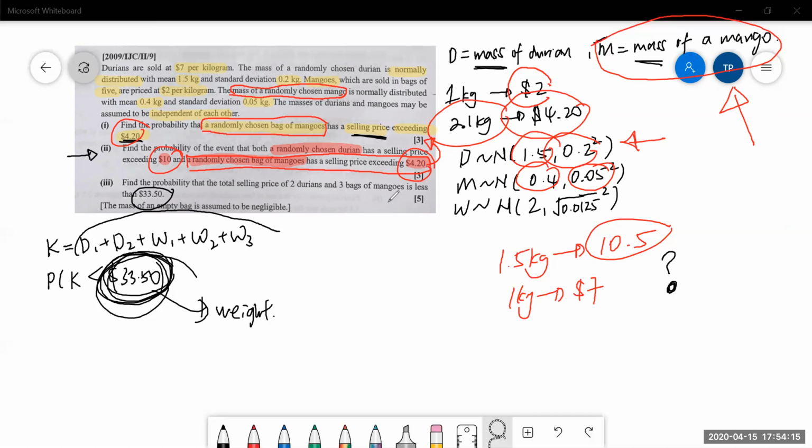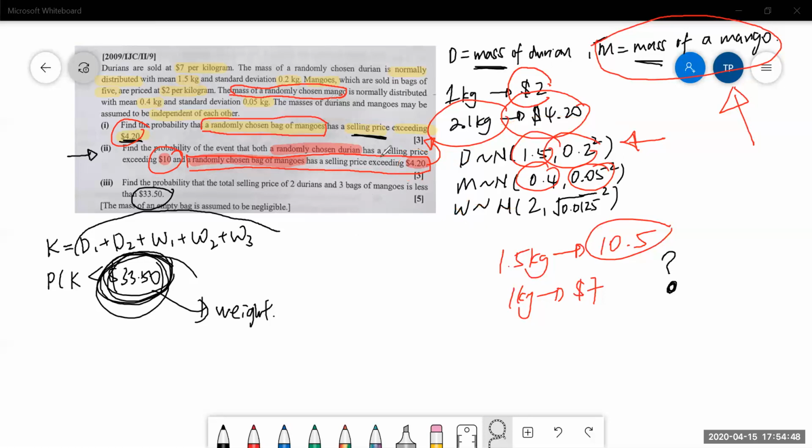Like over here, we have $10 and $4.20. But for the last part, it's impossible to convert dollars to kg, because we don't know how many kg of durian and how many kg of mangoes will make up $33.50. Therefore, we have to convert the distribution here from kg to dollars. You understand what I'm trying to say?